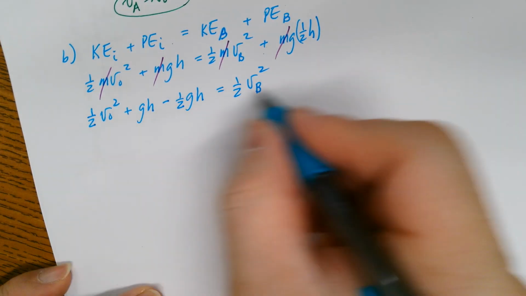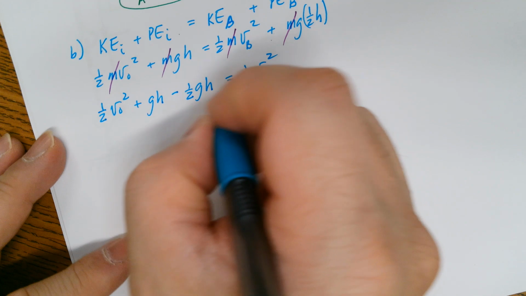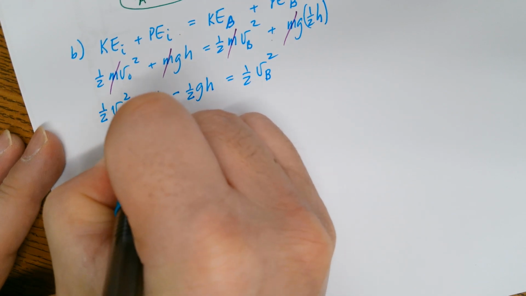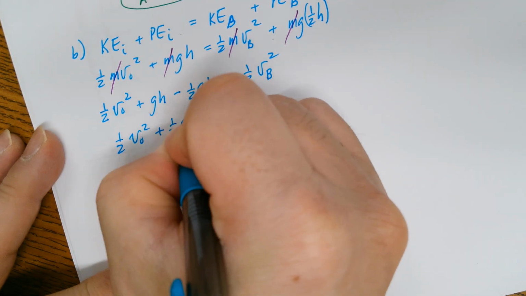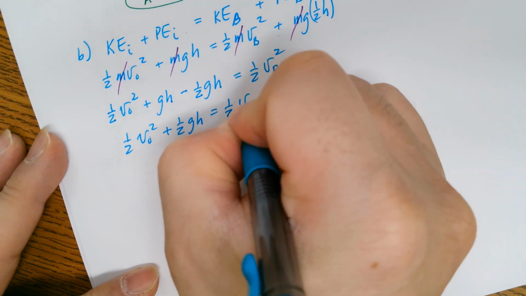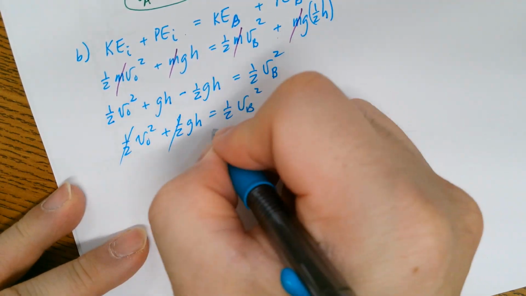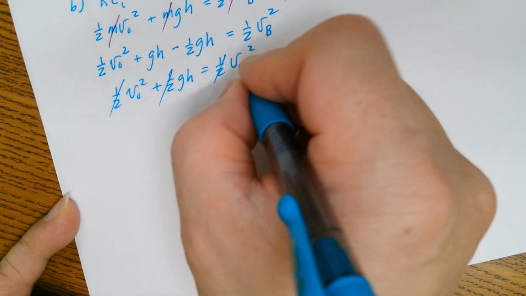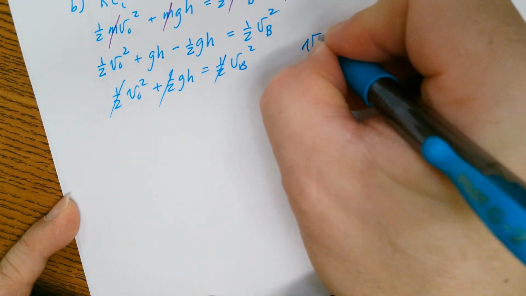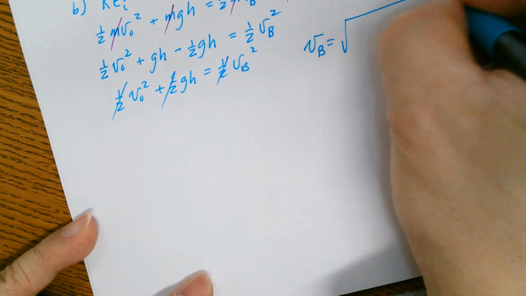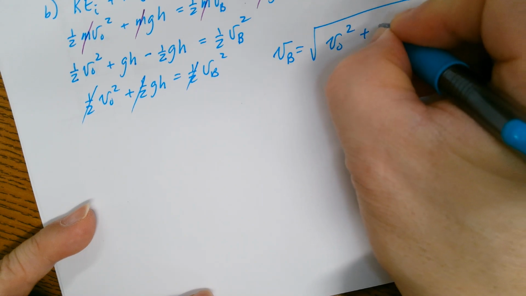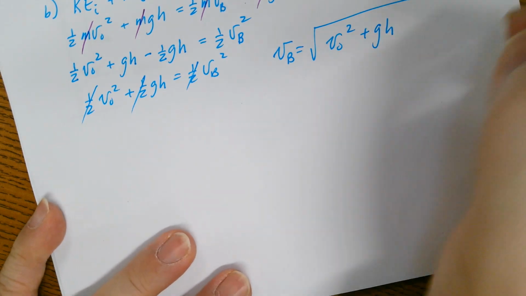If you multiply both sides by 2, you get v naught squared plus gh is equal to vB squared. So v at B is equal to the square root of v naught squared plus gh.